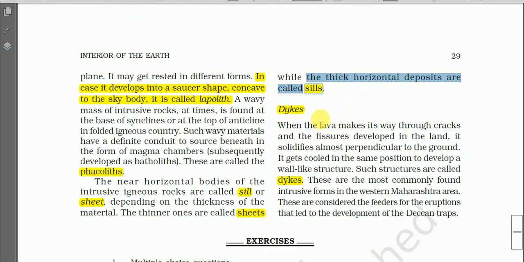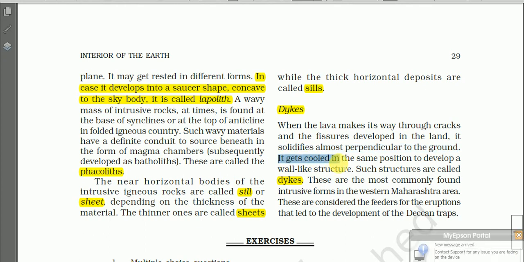And last we have dikes. When lava makes its way through cracks and fissures developed in the land, it solidifies almost perpendicular to the ground, and it gets cooled in the same position to develop a wall-like structure.